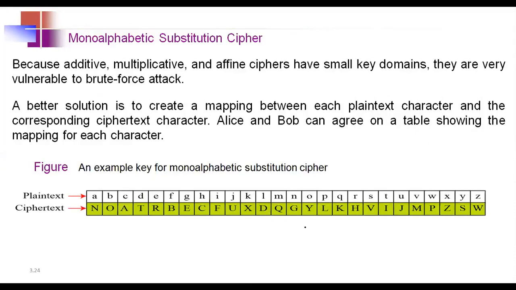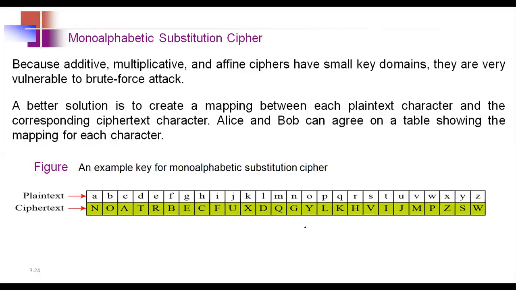Now, what are the main substitution methods? Monoalphabetic substitution, and the other is polyalphabetic substitution. In the monoalphabetic substitution ciphers, because the additive, multiplicative, and affine ciphers have small key domains, they are very vulnerable to brute force attacks.